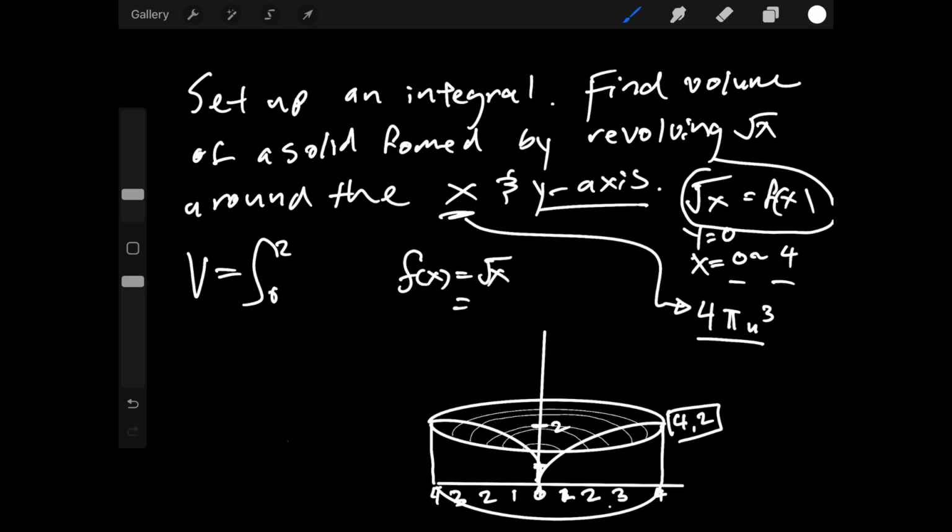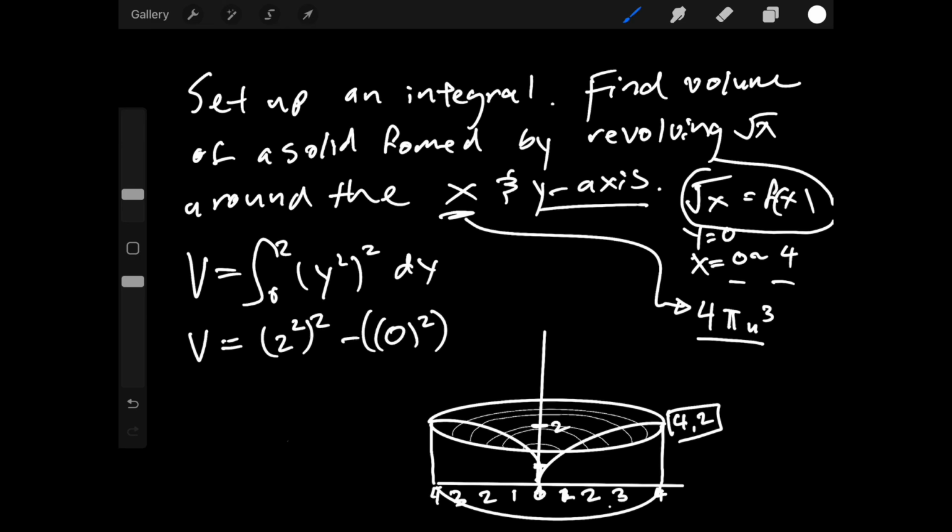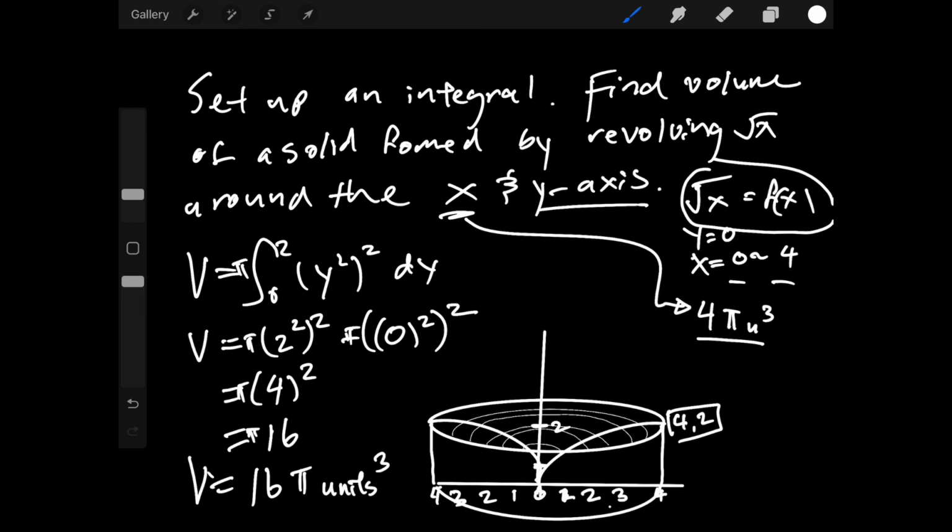So we're taking the equation f of x is equal to square root of x, and now changing it to x is equal to y squared. Never forget to put dy instead of dx when you're changing it to revolving around the y-axis. Now I'm just solving this equation out by plugging in the numbers to find the final volume.